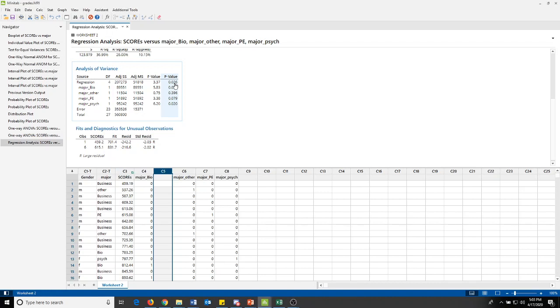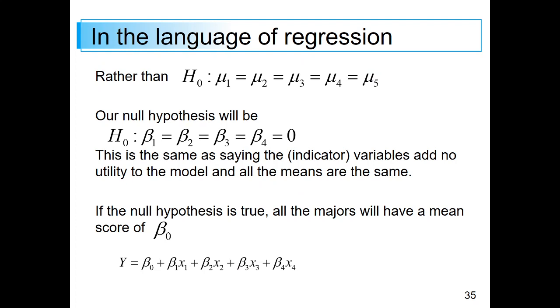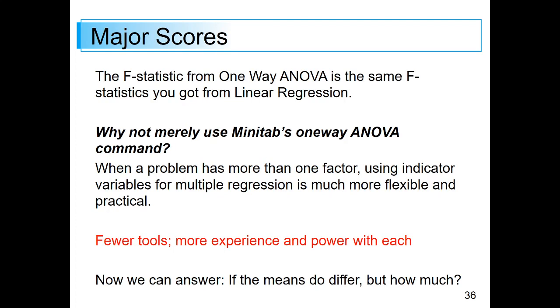I would reject that null hypothesis and therefore conclude that there is some utility, and so one of those betas add utility, and so one of those means are different. It's really kind of an amazing way of doing these things. So again, it's the same.